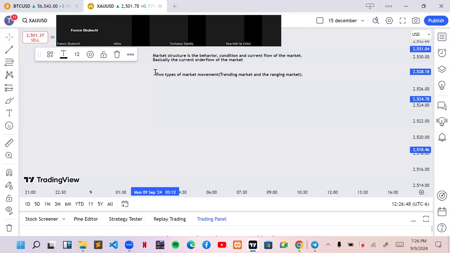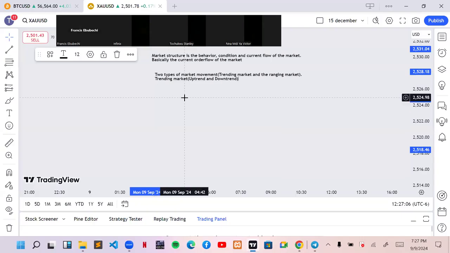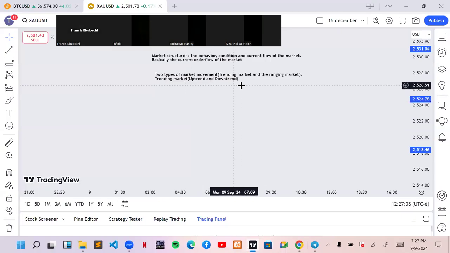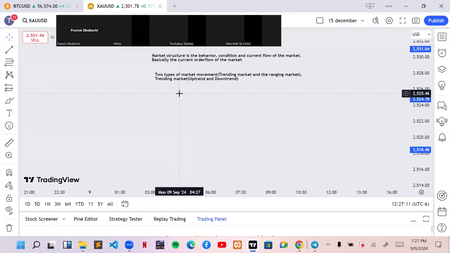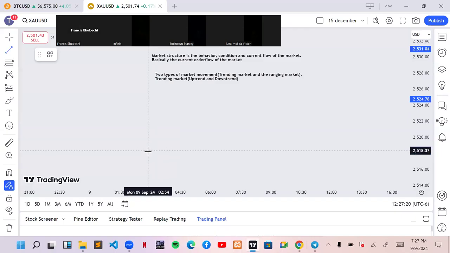And then in the trending market, we have the uptrend and then the downtrend. The uptrend is when the market is making a series of higher highs and higher lows, while the downtrend is when the market is making a series of lower highs and lower lows. So something like this is an uptrend.